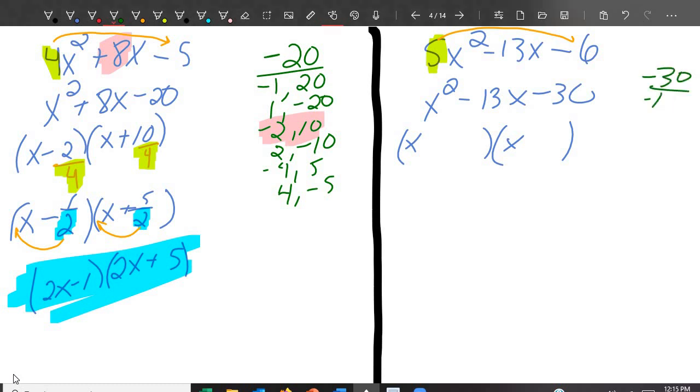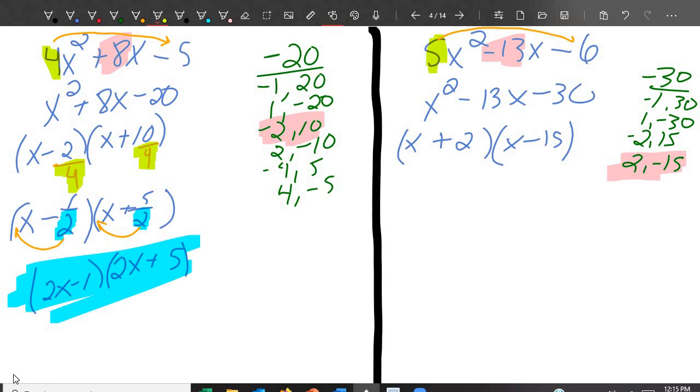So negative 1 and 30, 1 and negative 30. Negative 2 and 15, 2 and negative 15. Now I'm going to stop right there because look, negative 13 is in the middle and these two numbers give me negative 13. So I've already found them, so I don't have to keep listing the numbers. We're just going to put a positive 2 in one and negative 15 in the other.